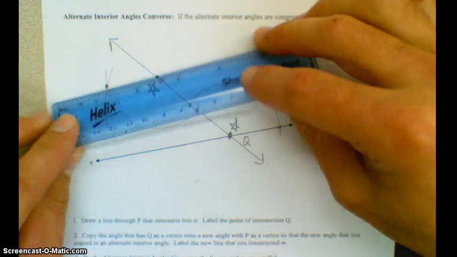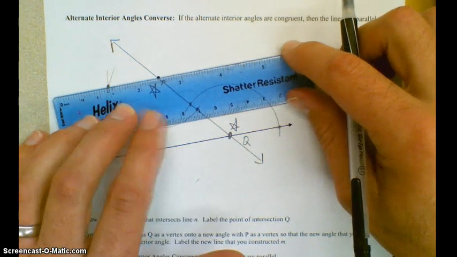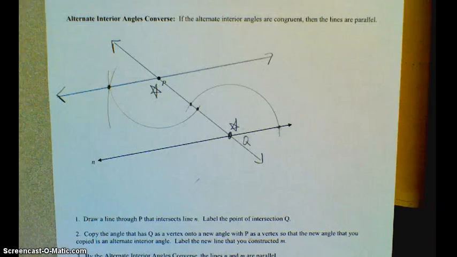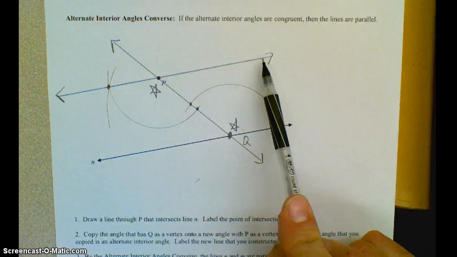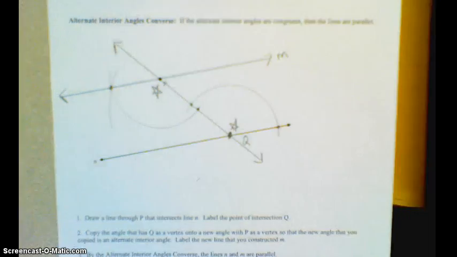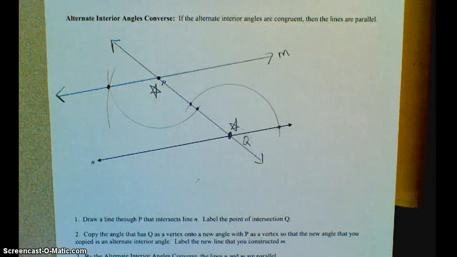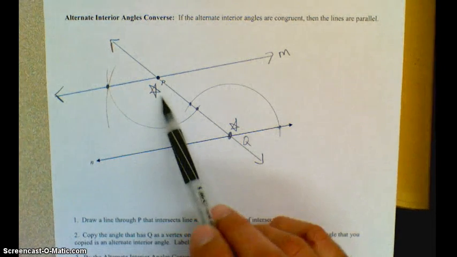Connect that point to P. When I connected that point to P, I connected that point past P and created line M. If you look, I just copied this angle to right here.